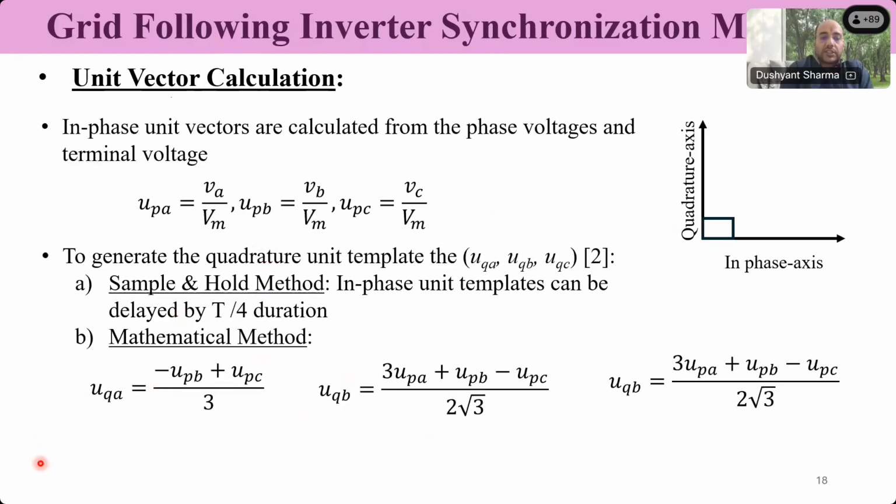We can get the quadrature component by this relation: negative of the A phase unit template plus the C phase, divided by root 3, like that we can get. So this will be a faster approach. So the point is, whatever method we use, we will have two unit sinusoidal waveforms. One is in phase with the actual voltage, one is quadrature to the actual voltage.